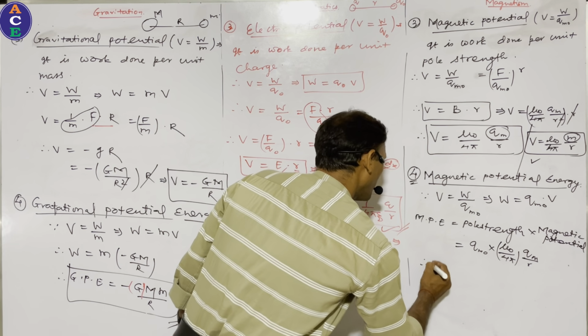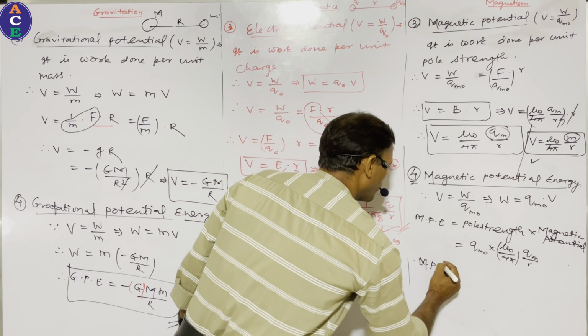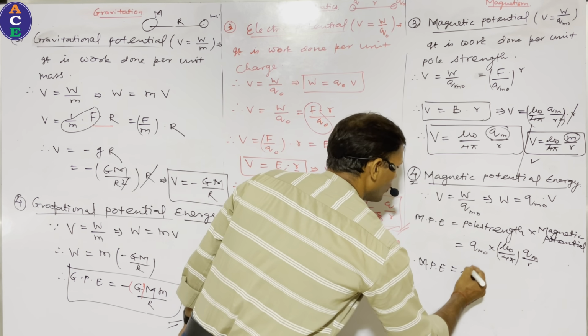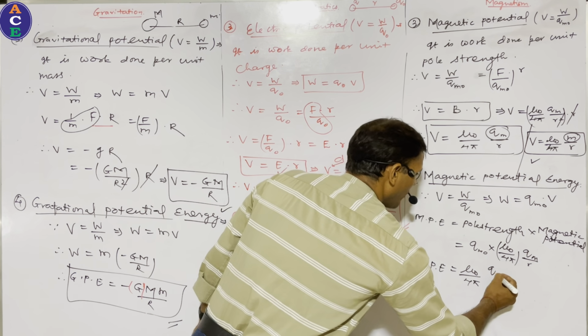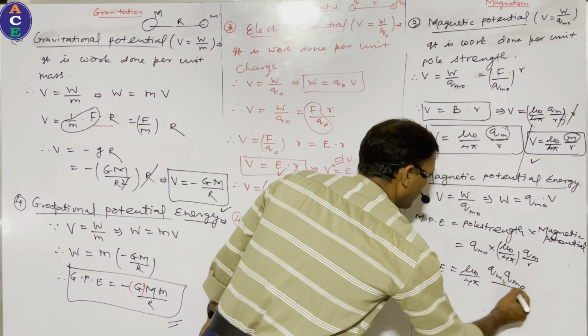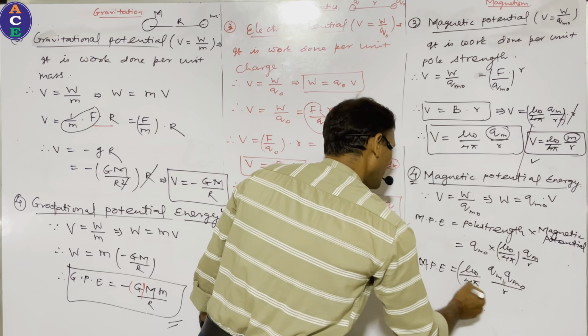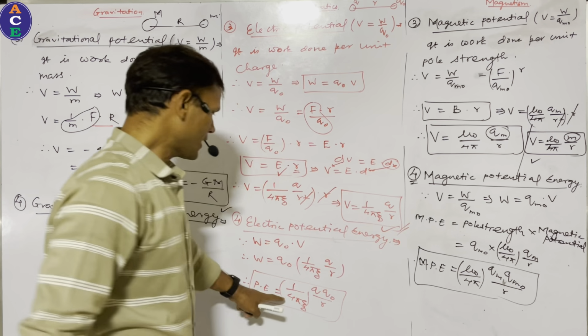So overall we are getting magnetic potential energy is equals to mu naught by 4 pi Qm into Qm naught by R. So again it is the same as this formula.